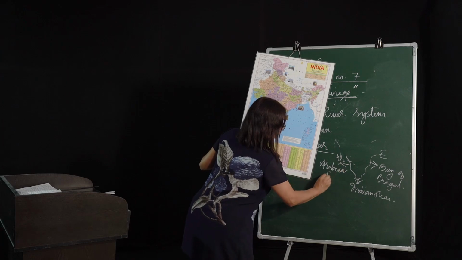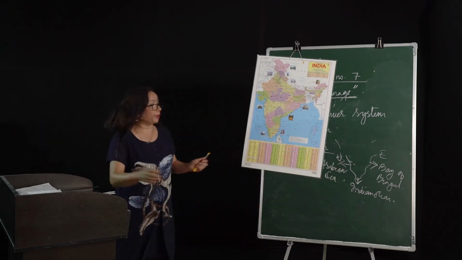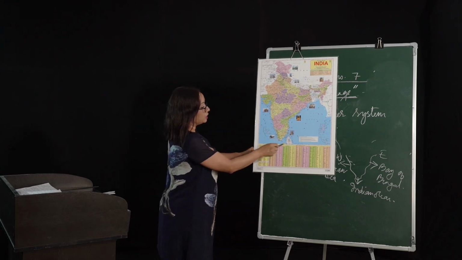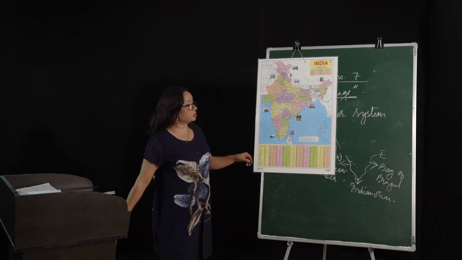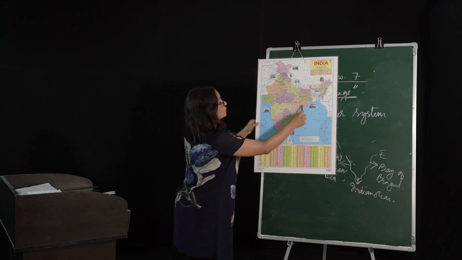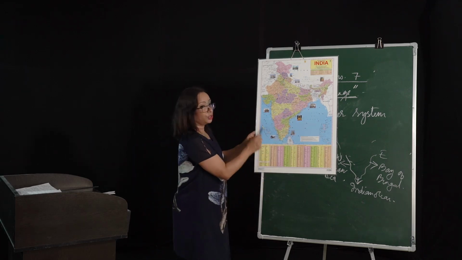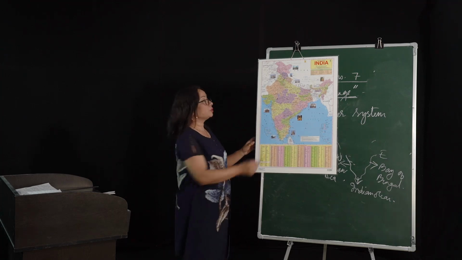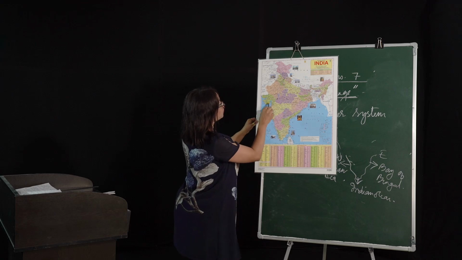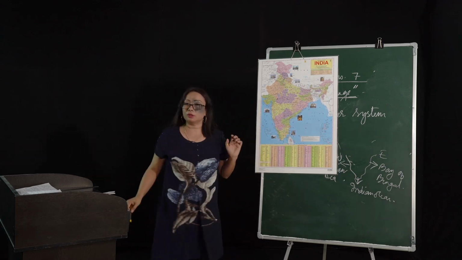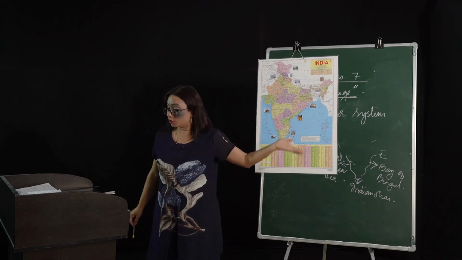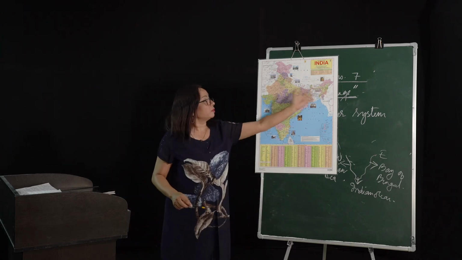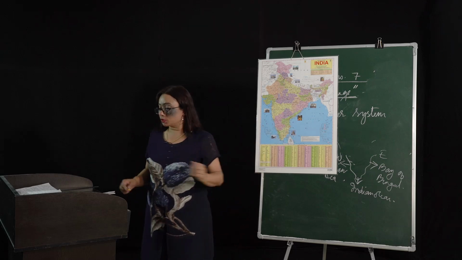You can see on the map the Bay of Bengal on the east, the Arabian Sea on the west, and the Indian Ocean in the south. So this big mass of land that projects into the water from all sides is called a peninsula. Peninsular region means this region we are talking about here. So peninsular rivers are the rivers that start here or flow in this area, not the Himalayan ones.